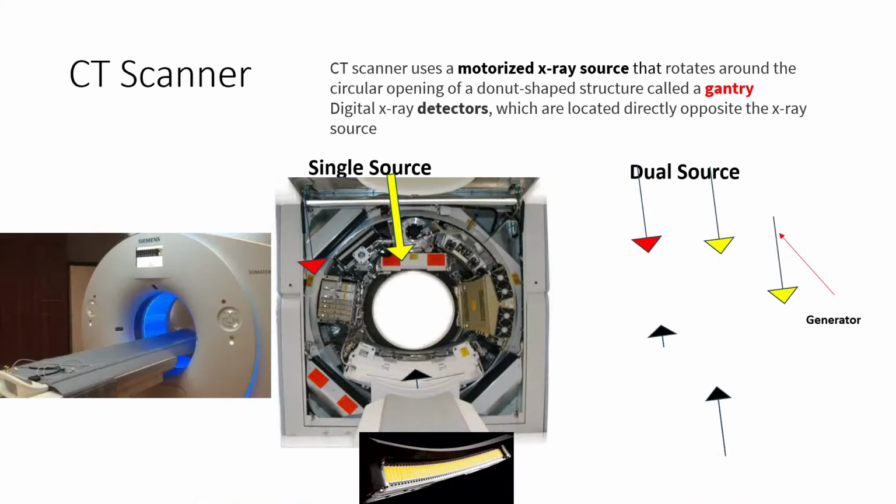Okay, so what's a CT? Essentially, a CT scanner is a motorized X-ray source that rotates around the patient, called a gantry.